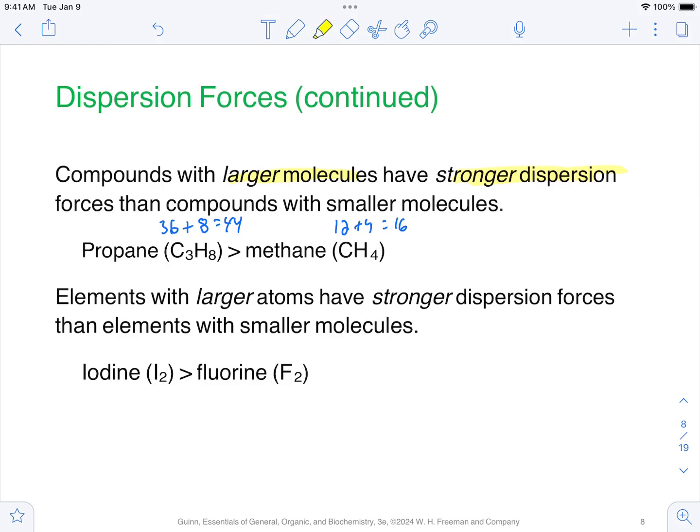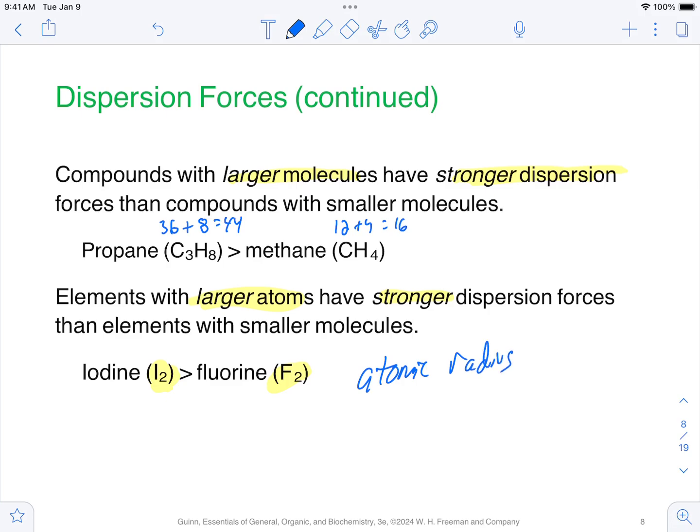And likewise, elements with larger atoms also have stronger dispersion forces. So your iodine here is larger than fluorine. And when we talk about the size of an atom, we're talking about something called atomic radius.